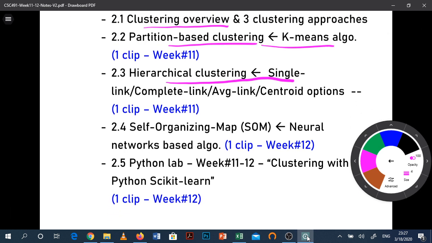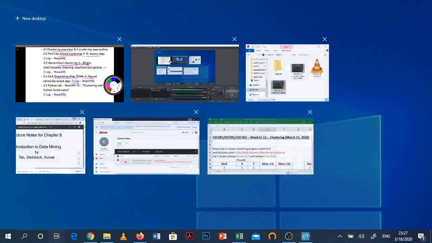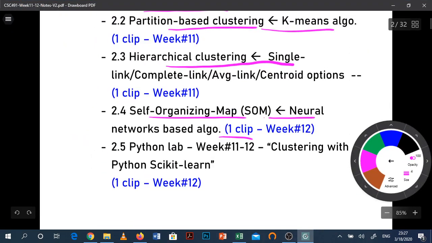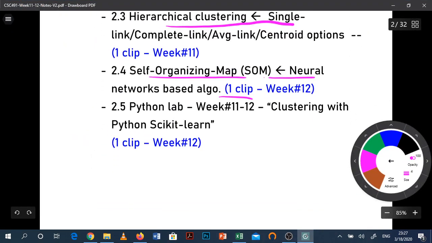Next week there will be the entire lecture on self-organizing maps. Hopefully I will have at least one clip, or multiple, who knows. After that, as a part of week 12, I will have combined labs of all varieties of clustering in one Python lab, which should include every different style of clustering for you.